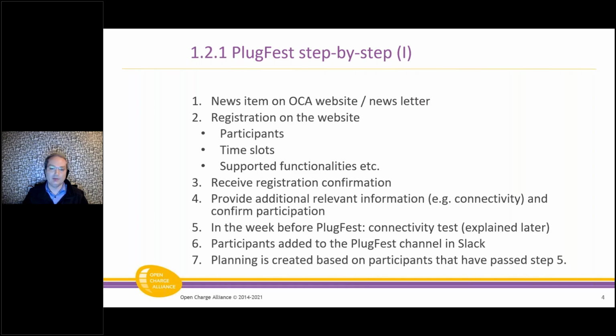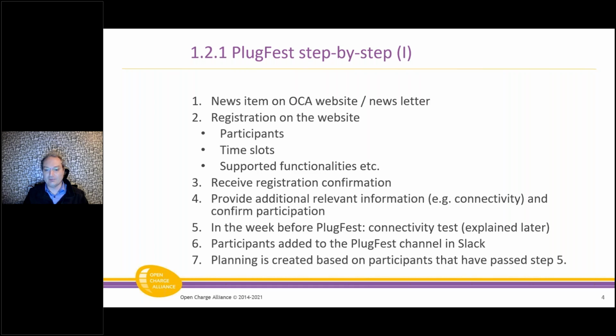We also ask for the supported functionality. For OCPP 1.6, we ask for an overview of the supported feature profiles. For OCPP 2.1, we ask for the implemented functional blocks, so that we can take it into account in our planning, so that you have the most efficient testing. Once you have registered on the website, you will automatically receive a registration confirmation.